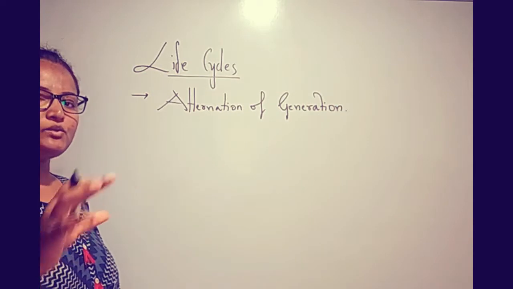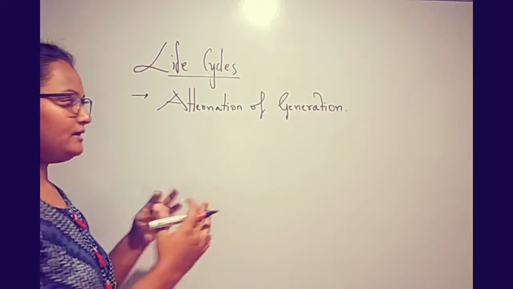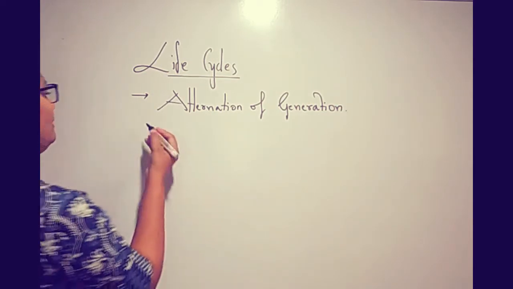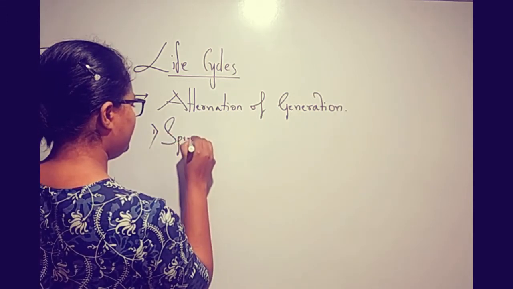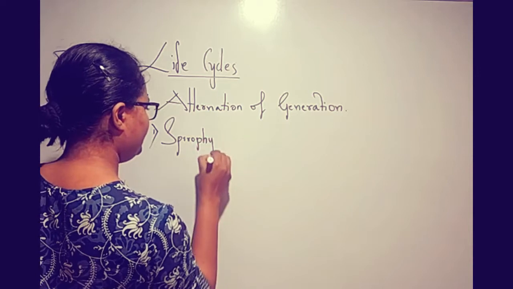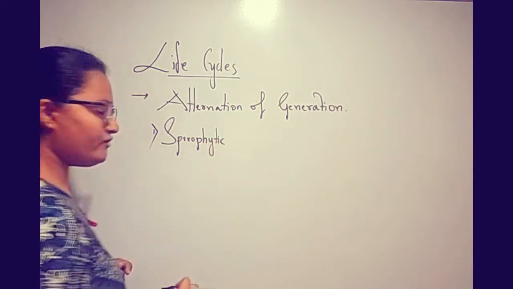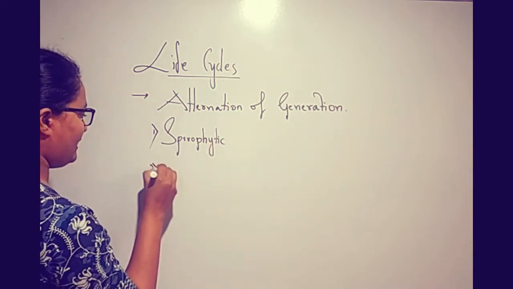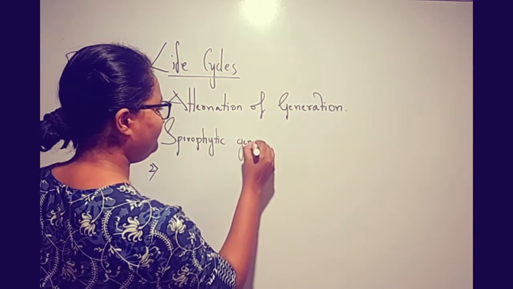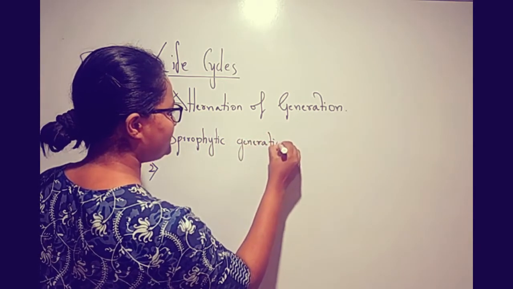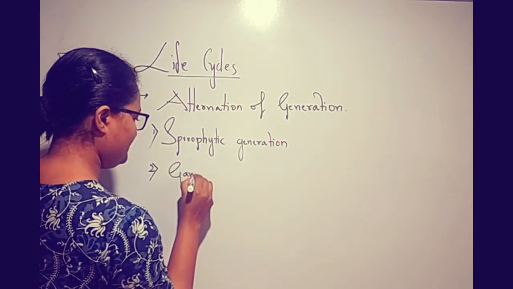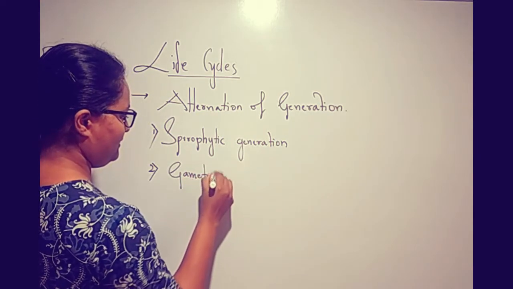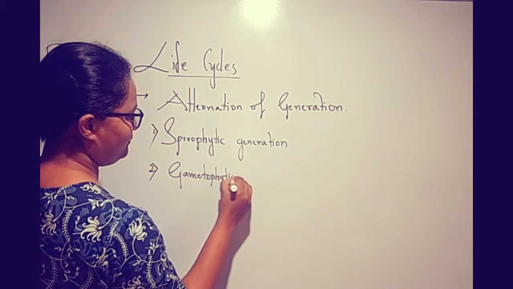What are the two generations that alternate? One generation is always sporophytic, and another generation is gametophytic.